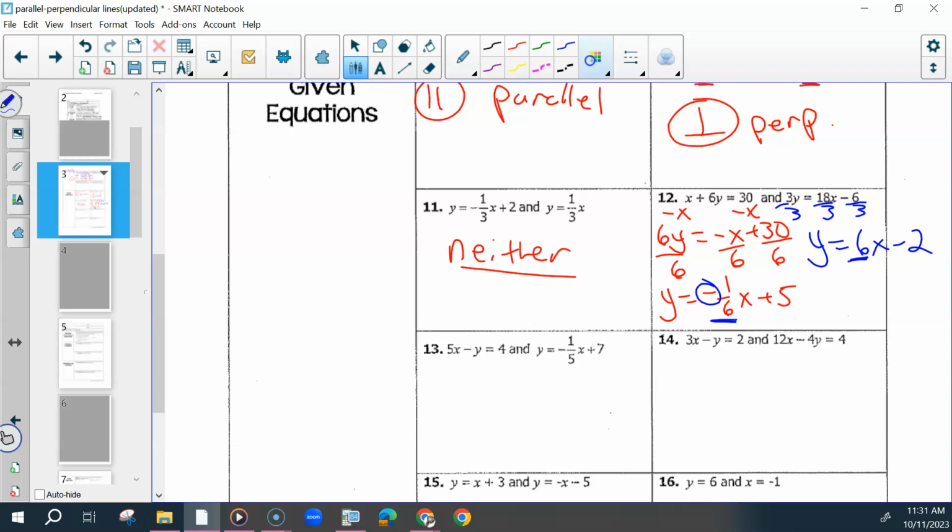So these are negative reciprocals of each other. One's positive, one's negative, one's the flip version of the other. So what would that be? So anytime you see a negative reciprocal, that's perpendicular.